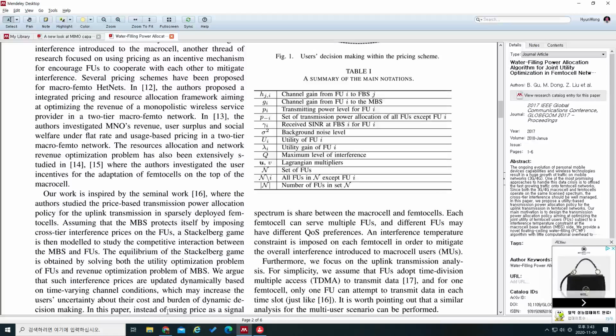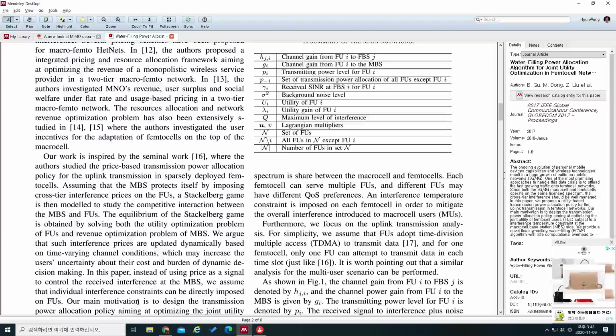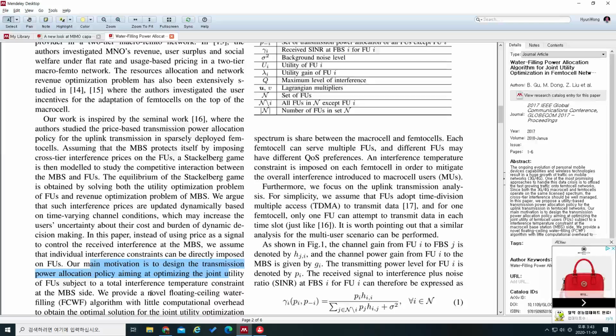In this paper, instead of using price as a signal to control the received interference at the MBS, we assume that individual interference constraints can be directly imposed on FEUs. Our main motivation is to design a transmission power allocation policy aiming at optimizing the joint utility of FEUs subject to a total interference temperature constraint at the MBS side.